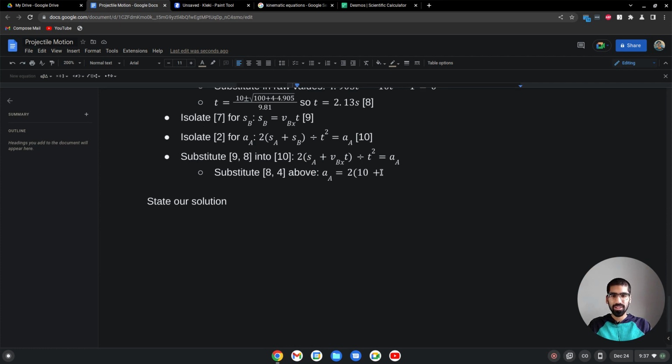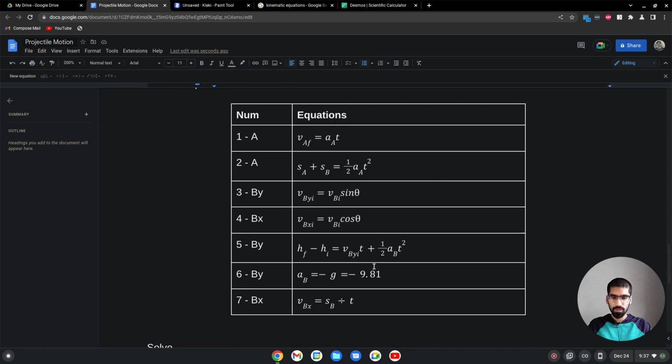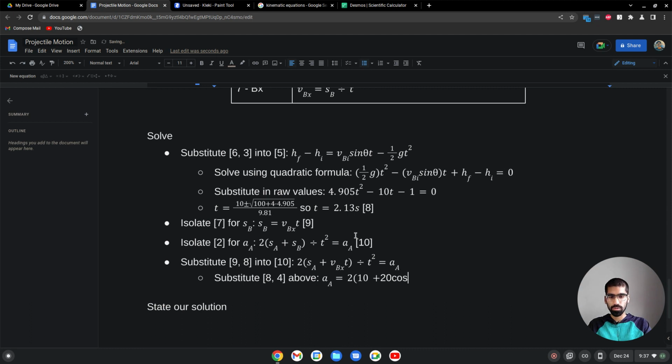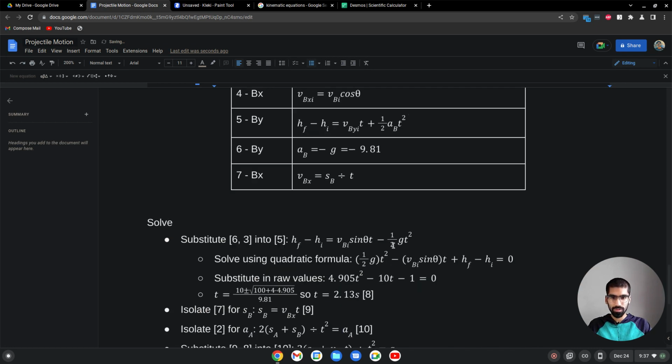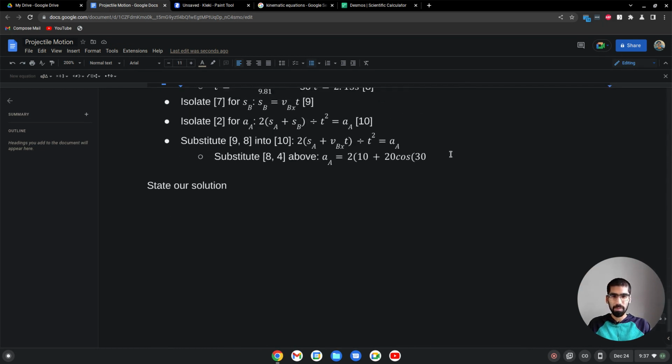So VBX is going to be this stuff here, 20 cos theta. Theta we know is 30 degrees. I'm going to copy the degree symbol because I can't be bothered. There we are. And we need to multiply this by time. We know that time is 2.13 seconds. And then we're going to divide by time squared.